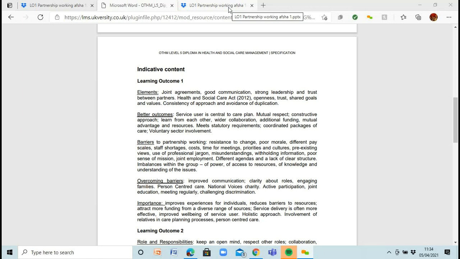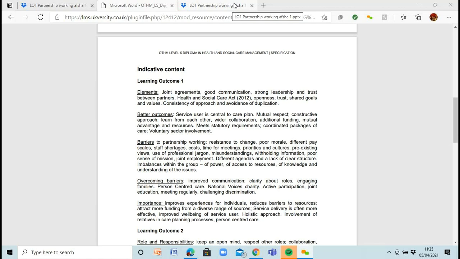I'm just looking through it now. I'm just trying to find it. Working in teams or partnership working or multidisciplinary, something like that. I've got lead communication in adult care, lead inclusive practice in adult social care. What else have I got? There was one because I remember going through it all.